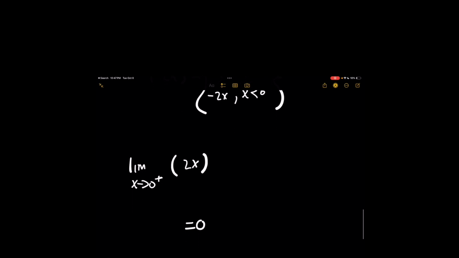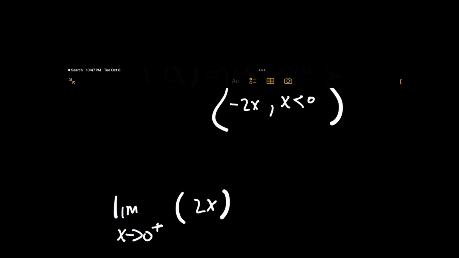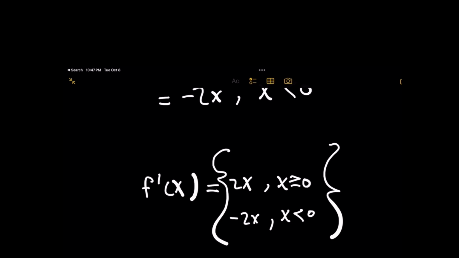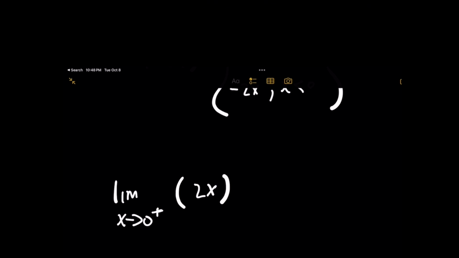So let's approach the origin from the right. I'm going to use this plus sign here to indicate that we're going to have a value of x that's a little positive, like 0.0001, let's say. So when you're dealing with a slightly positive value, then in this piecewise expression, we're dealing with this 2x part. But it doesn't really matter, because whether it's 2x or negative 2x, the limit of a line here, we're not dividing by 0, so we can just safely plug in 0.